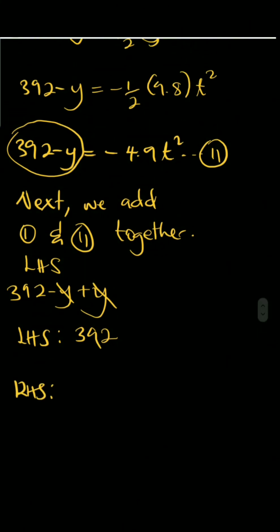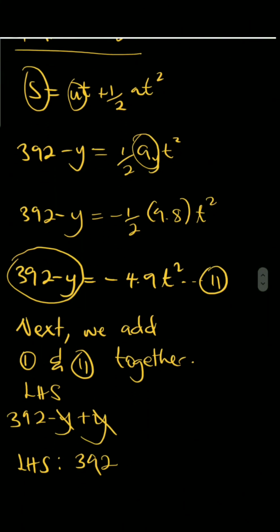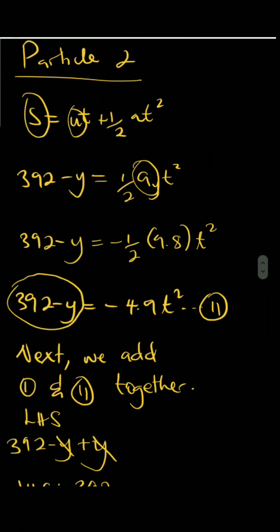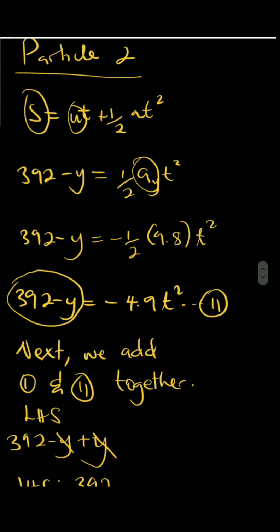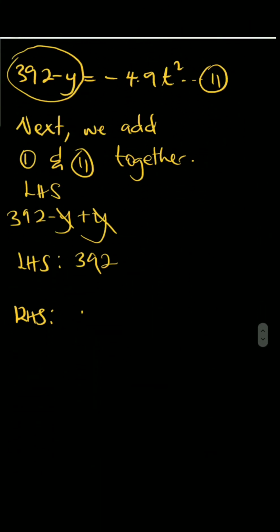We now proceed to the right hand side. The right hand side of the first equation is 98t minus 4.9t squared. Then you add the one from the second equation. Sorry, that was not supposed to be negative.